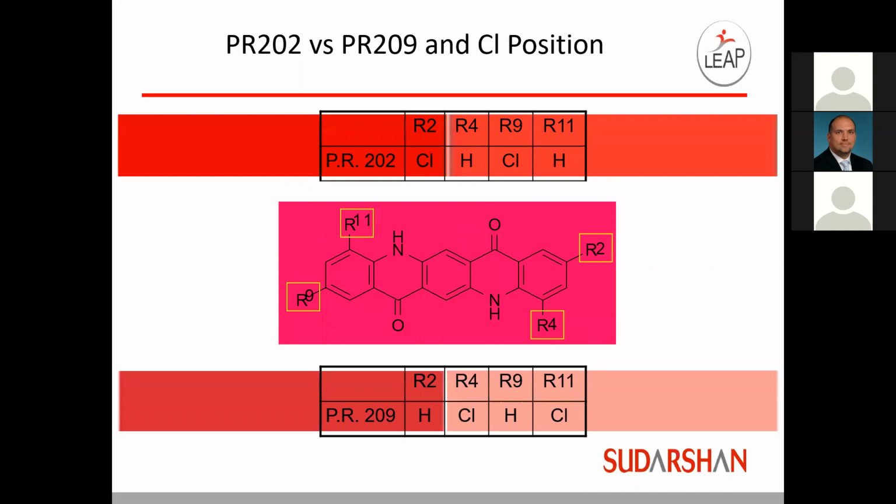And so bringing those two together, you can see how the specific position of those chlorine entities impacts the final color positioning, especially in the tint tone colors. You can see where the 209 is a much bluer shade than the 202.